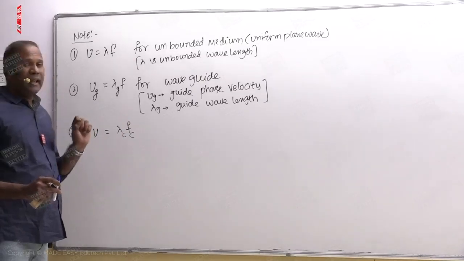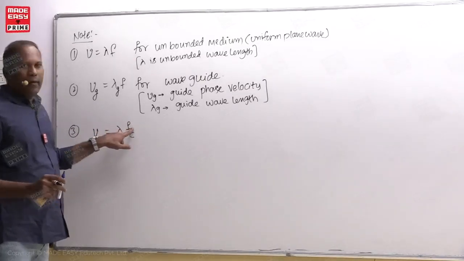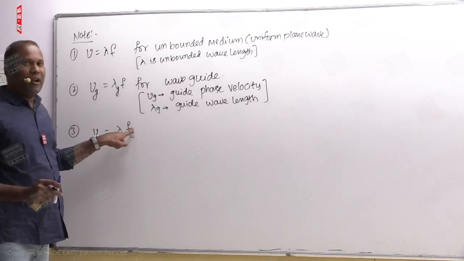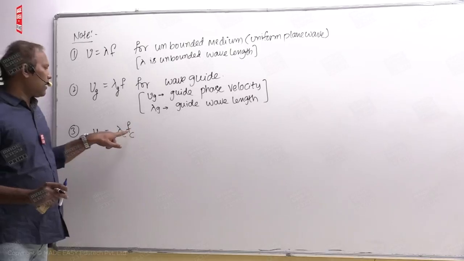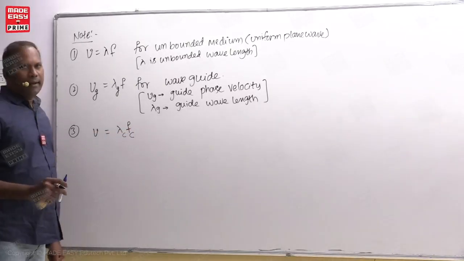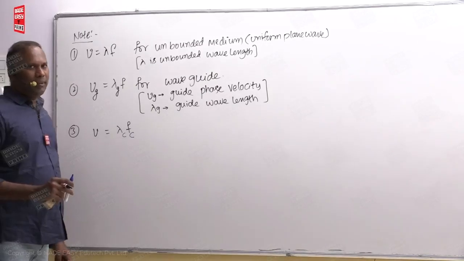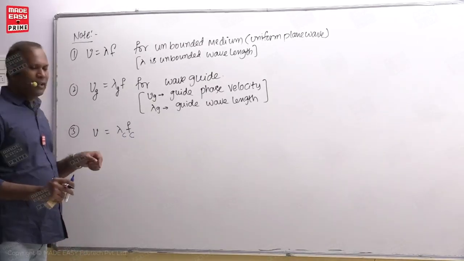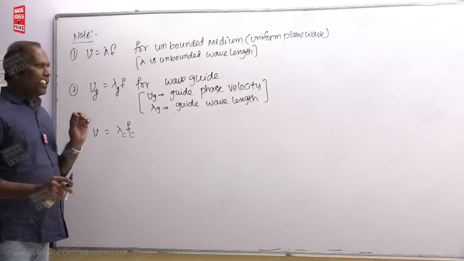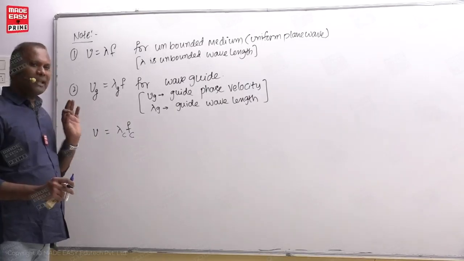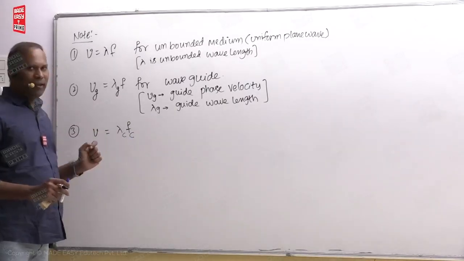That Fc value is decided by the waveguide parameters I told you, mu, epsilon, a, b, because Fc is equal to V by 2 root of m by a whole square plus n by b whole square. So this Fc value is decided by epsilon mu, that means parameters of the medium inside the waveguide, and a value, b value.